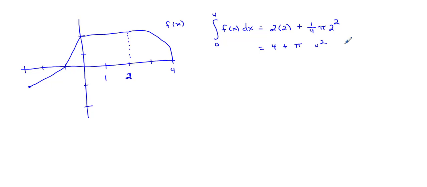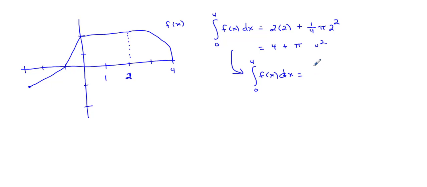Well, check this out, guys. We just broke up this integral from 0 to 4 into 0 to 2 plus 2 to 4. And it actually works that way. That's a property we're going to learn later. I'm showing you now so we can go through it quicker later. Whoops, dx.